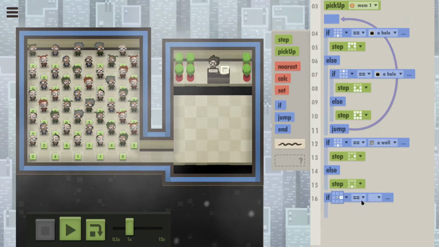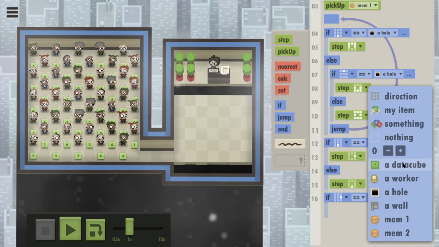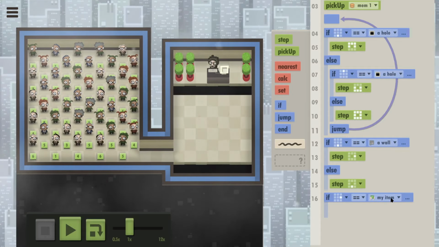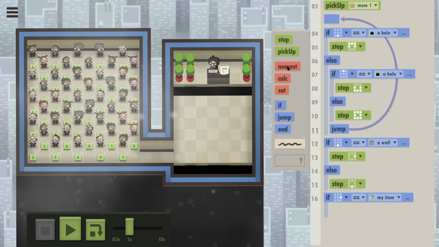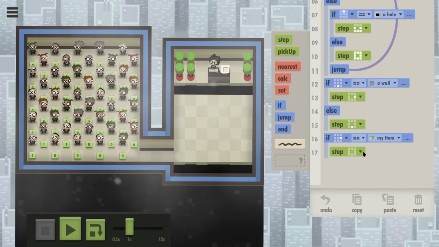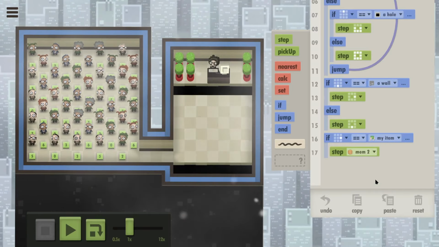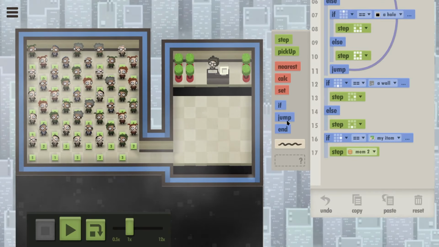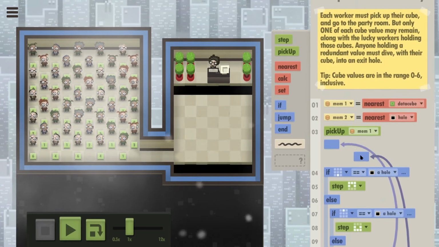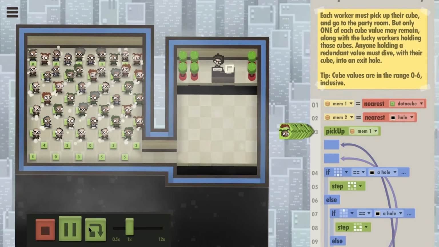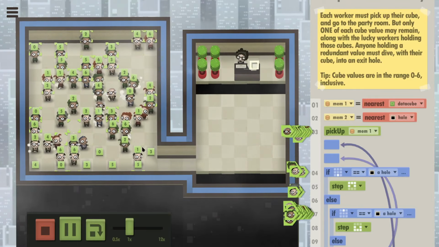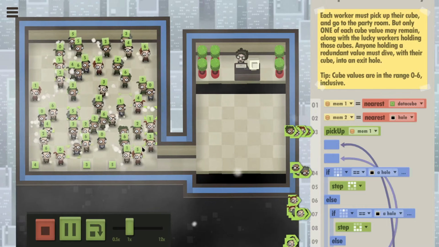Check it at the bottom. If to your left equals my item, then step memory 2, jump to, yeah, I don't know. Why are those people stuck on pickup?